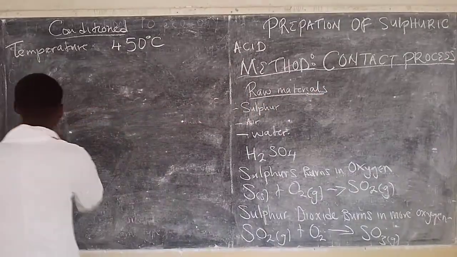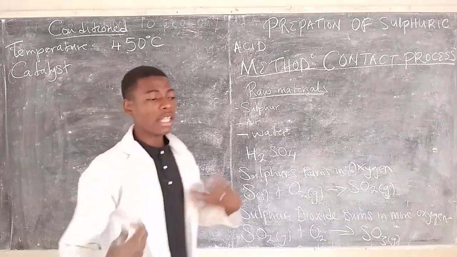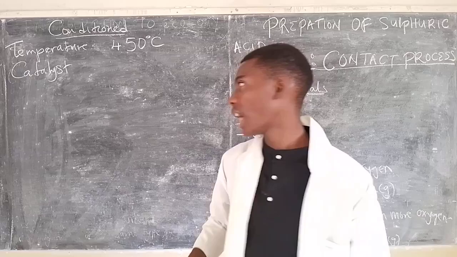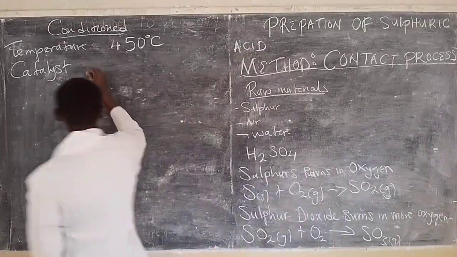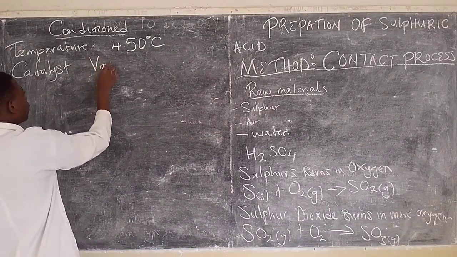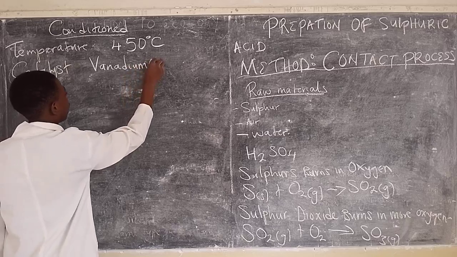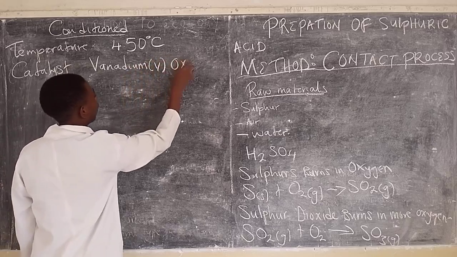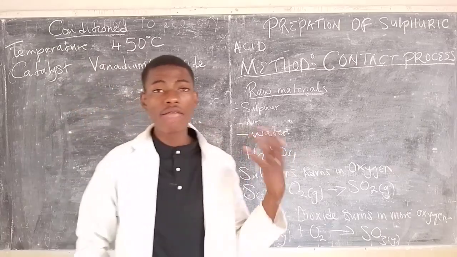The other thing that is used there is the catalyst. As we know, a catalyst is a substance that simply speeds up the rate of a chemical reaction. This catalyst is vanadium, read as vanadium 5 oxide.